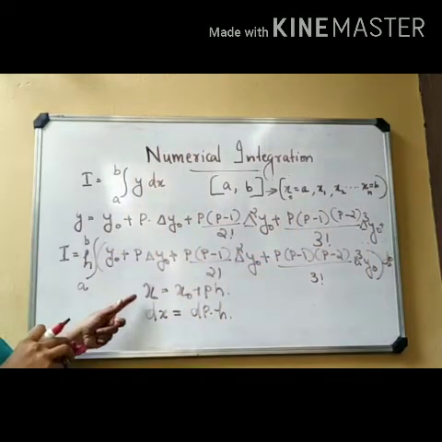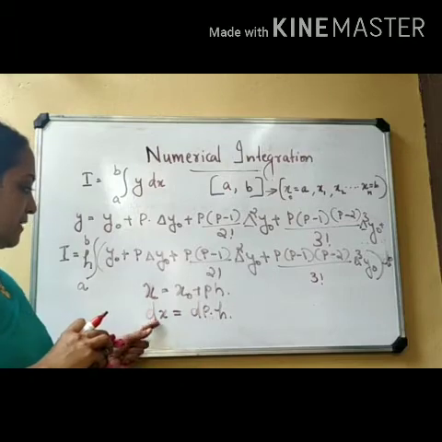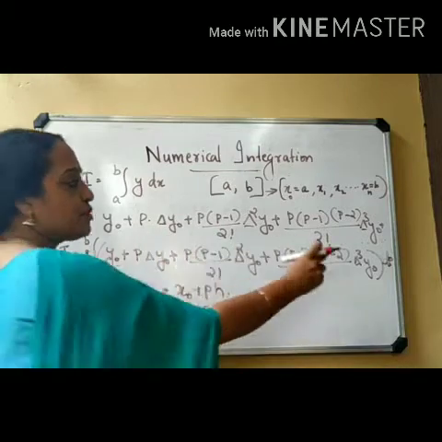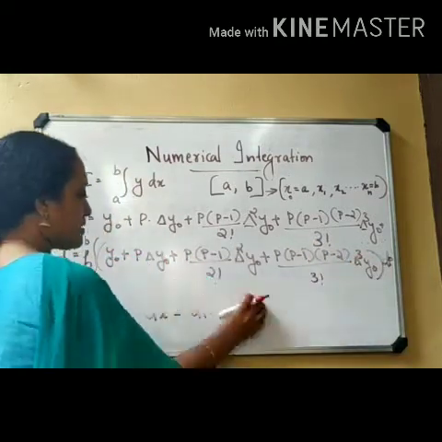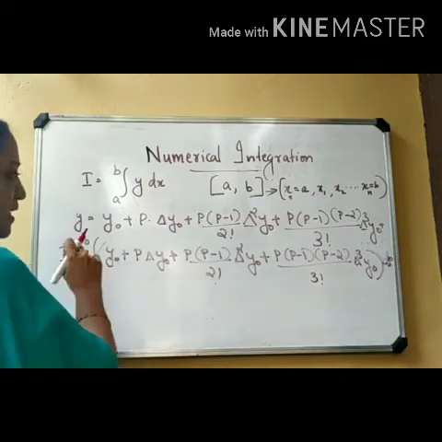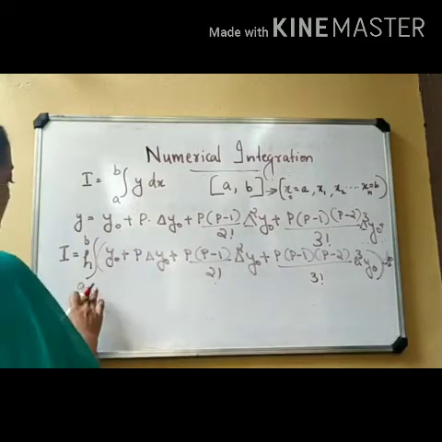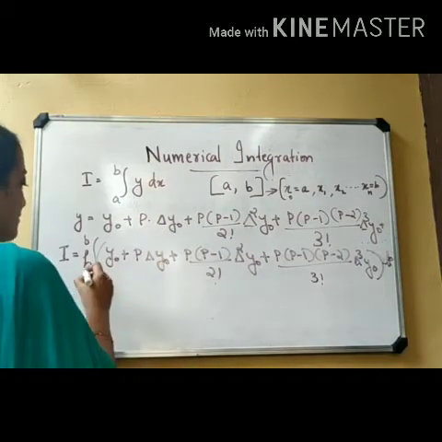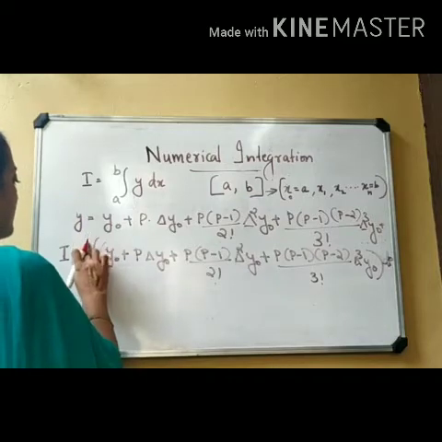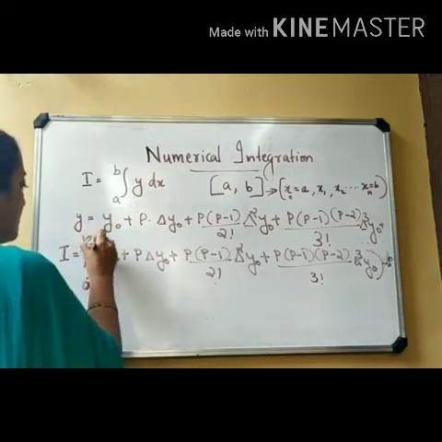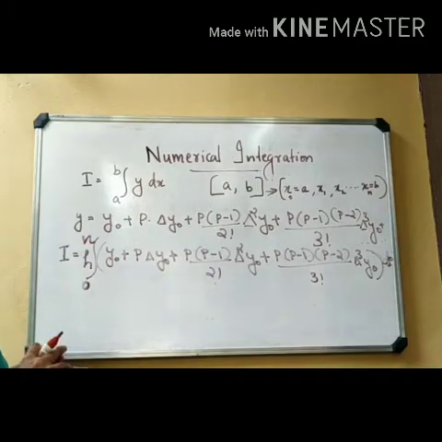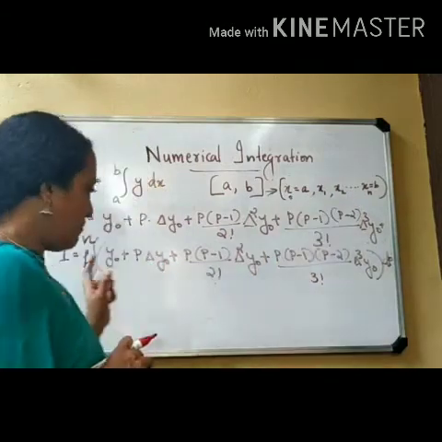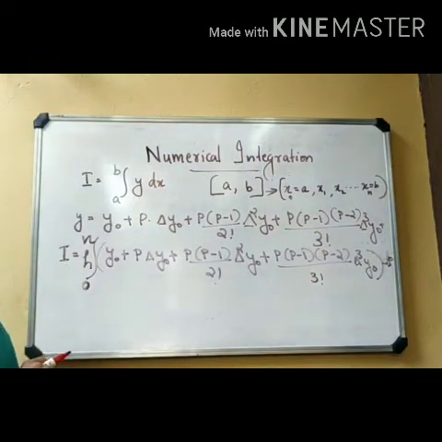Because x is x0 plus ph and dx is equal to dp into h. Then what happens to the interval? This interval is from a to b. Now p is having n values from 0 to n, so the limits change from 0 to n. We have n values because we have divided this interval a to b into n equal values starting from 0 to n.